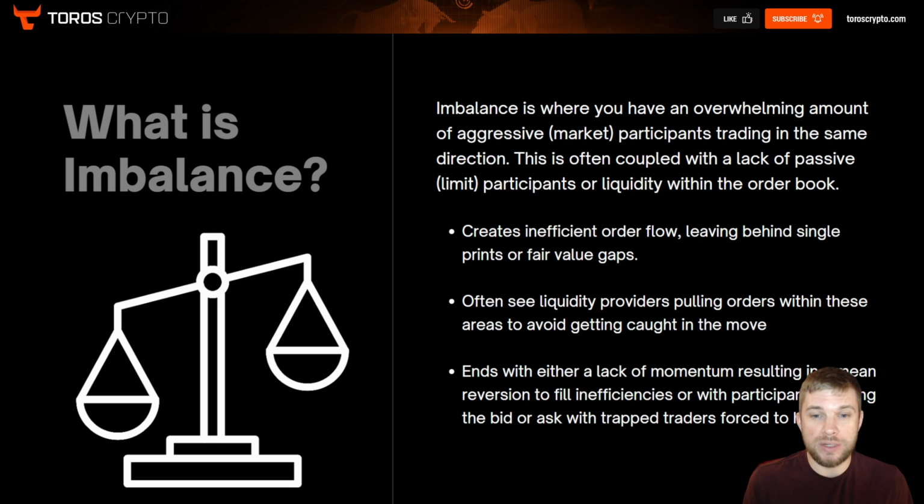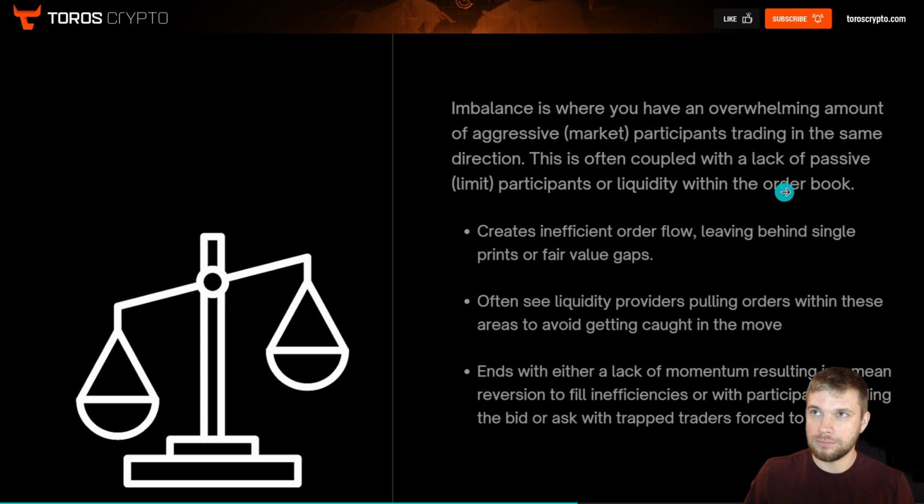You often see liquidity providers pulling orders within these areas to avoid getting caught in the move. So if you have access to the level 2 order book, then you can see the pulling of orders as you are coming into these regions where you get the imbalances. And it ends with either a lack of momentum resulting in a mean reversion to fill inefficiencies, or with participants holding the bid or the ask with trapped traders forced to hedge.